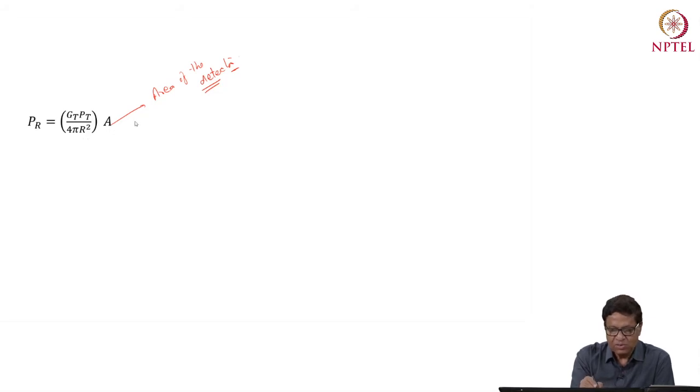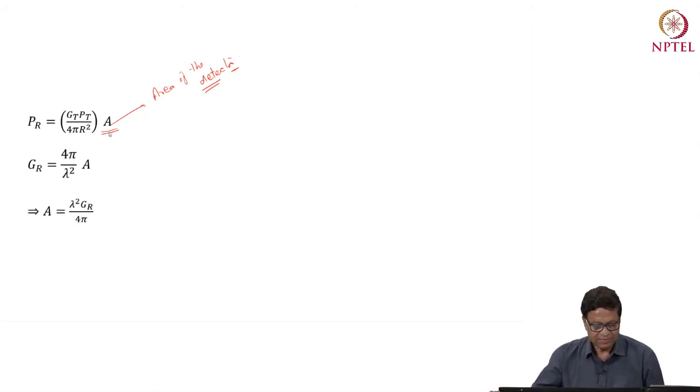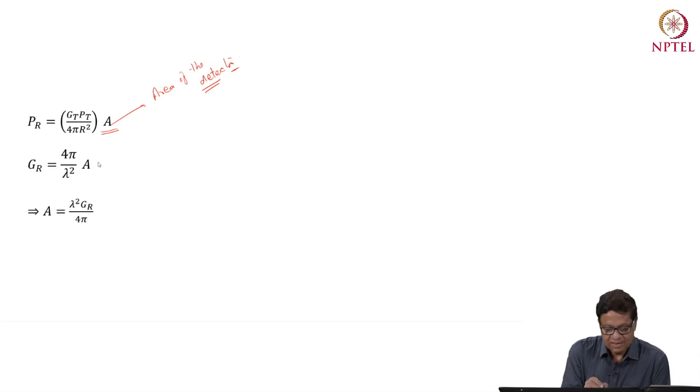And this falls onto the area of the detector. So that basically it will be GT PT over 4 pi r square into A. And the GR, the gain at the receiver, can be written as 4 pi by lambda square, that area of the detector. So from here you can get A, which is lambda square GR over 4 pi.